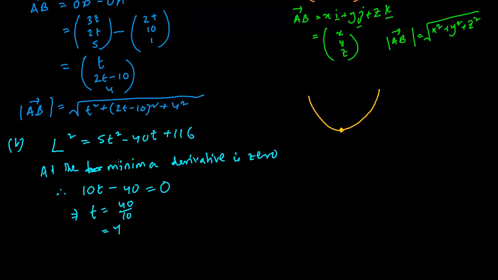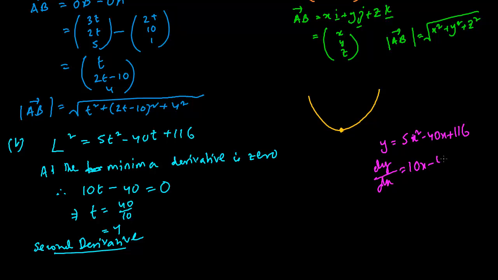Now how do you know this is the minima? Although they did not mention that you have to check, it's a good idea to show how you find that. That's the second derivative. Let me write it down over here. If you think of this as a curve, 5t squared, let me write 5x squared minus 40x plus 116. I'm writing in the Cartesian form of x and y. So you found dy by dx, and dy by dx was 10x minus 40.